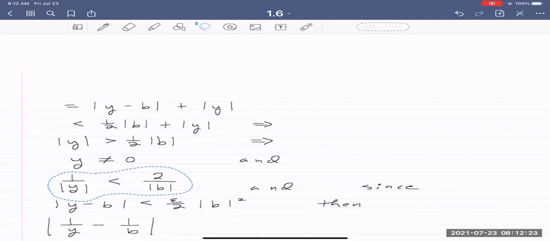Since y is not equal to 0, I can divide both sides of my equation by the absolute value of y. And since b is not equal to 0, I can divide both sides of my equation by the absolute value of b. And so I can take the reciprocals.